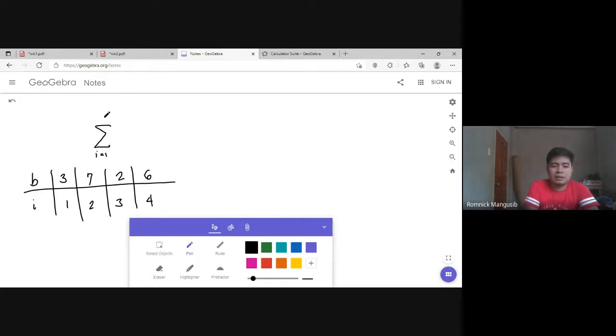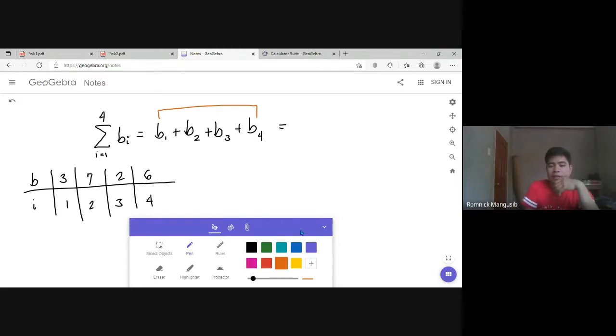In statistics, mga ganitong tanong, binibigay din. So what is the total of b sub I from 1 to 4? So mangyayari, you have b sub 1 plus b sub 2, b sub 3, b sub 4, and add them all together since ibinigay yung values. Kapag hindi ibinigay ang values, ang magiging sagot mo lang ay naka-expand. Ito lang ang sagot mo. Expanded form lang.